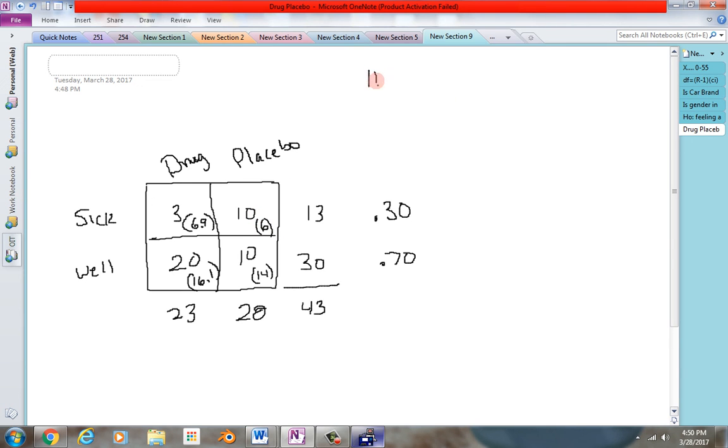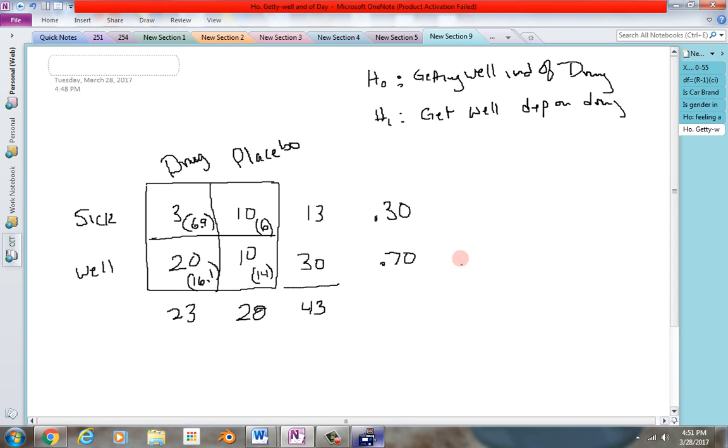We're testing to see if getting well is independent of the drug. Well, I hope not. That's the whole point of the drug, right? So the whole point is if the drug works, then getting well should depend on the drug, or the treatment, I guess, if you want to think of it that way.